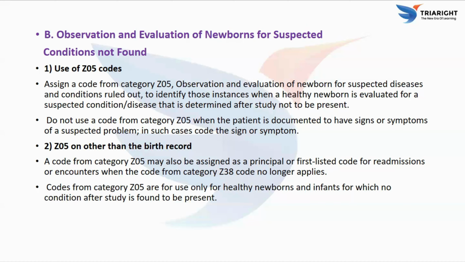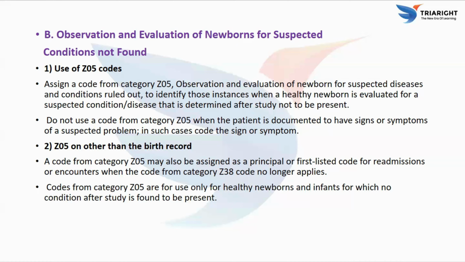Z38 codes are only used once, on the birth record. So what is the important note? Z05 codes are used only for healthy newborns or infants, only when no condition is found after the study. If the baby is sick, symptomatic or diagnosed with something, then Z05 should not be used.